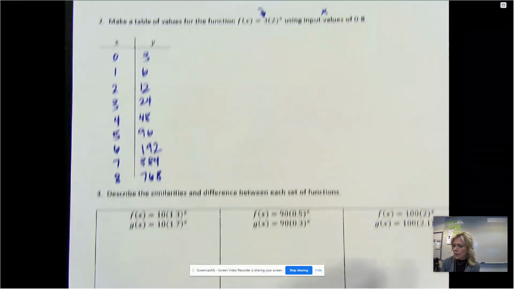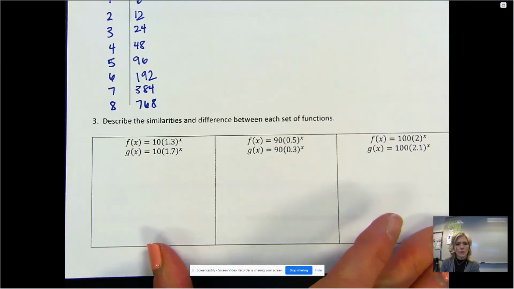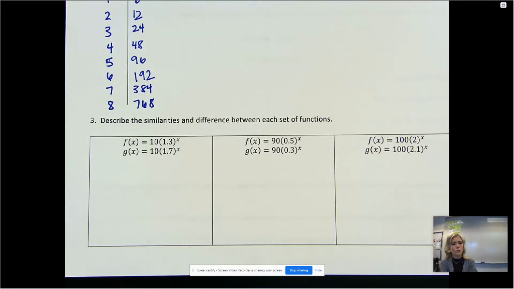All right, the next one, describe the similarities and differences between each set of functions. And so when I'm looking at these sets of functions here, for that first set, the second set, and the third set, it's kind of all the same. They're all starting at the same initial value, right?